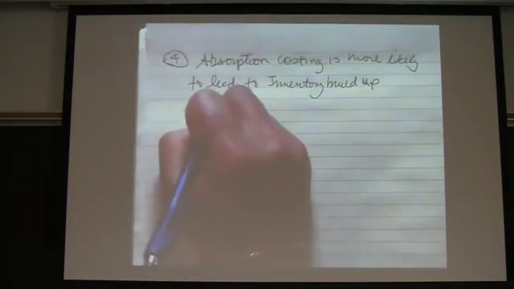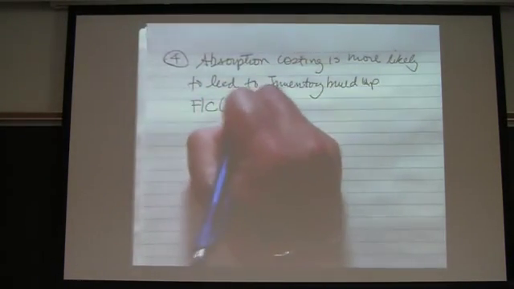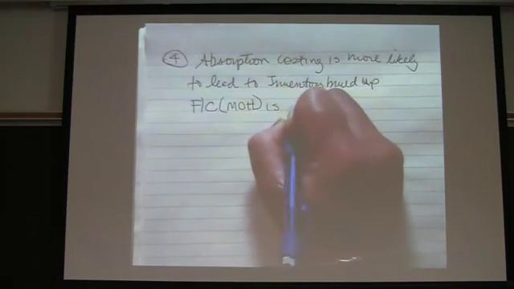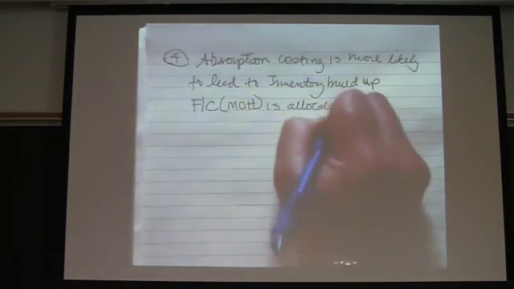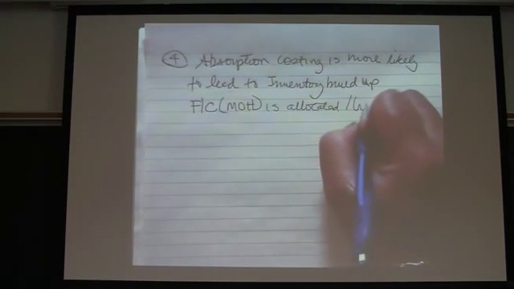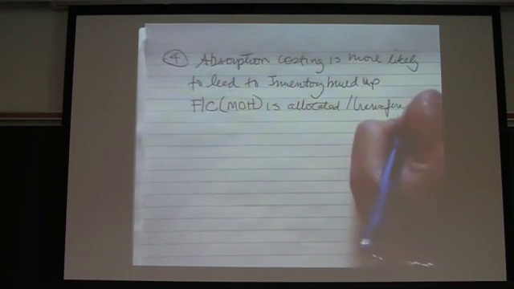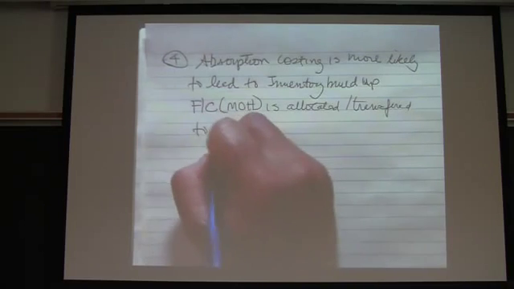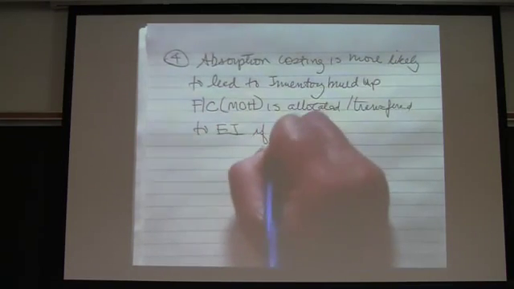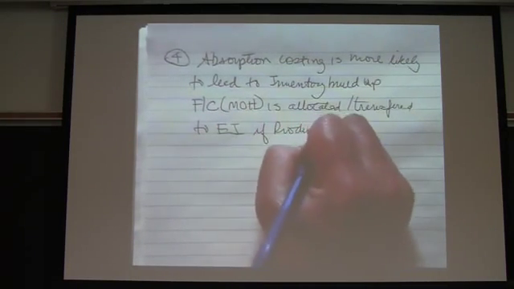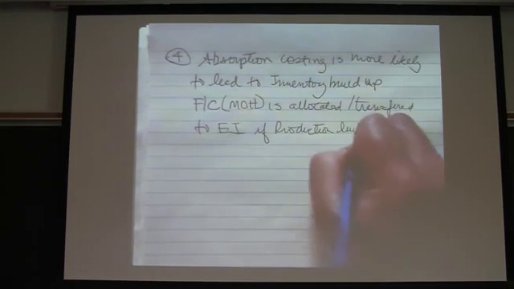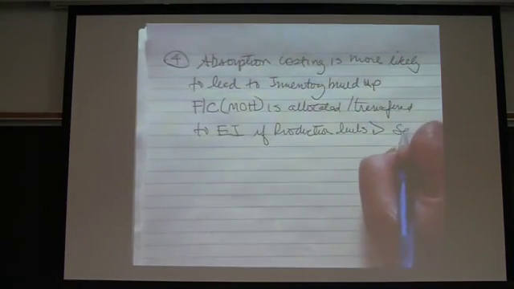So fixed cost, actually manufacturing fixed cost, is allocated or transferred to ending inventory if production levels are greater than sales.